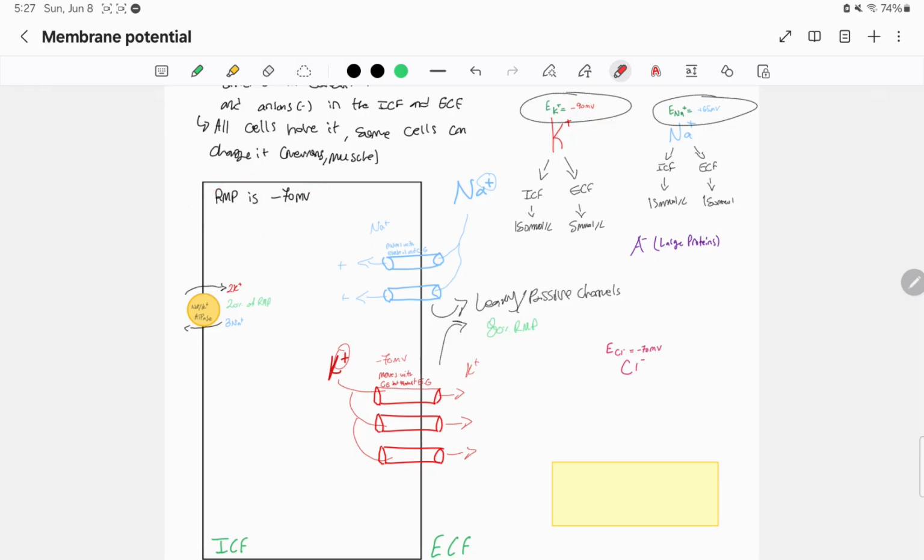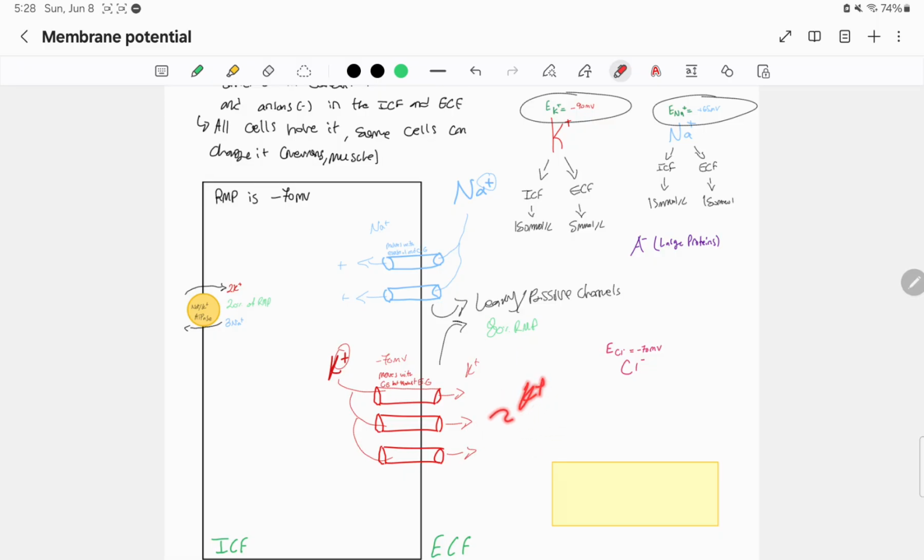Now, you can actually go ahead and calculate this membrane potential for yourself. It can be calculated using the Goldman-Hodgkin-Katz equation, but we're not going to do that today. But really, guys, the most important thing to understand is, pay really close attention to this. The greater the permeability of the plasma membrane for a given ion, the greater the tendency for that ion to drive the membrane potential towards that ion's equilibrium potential, which is what we've been saying all the time.